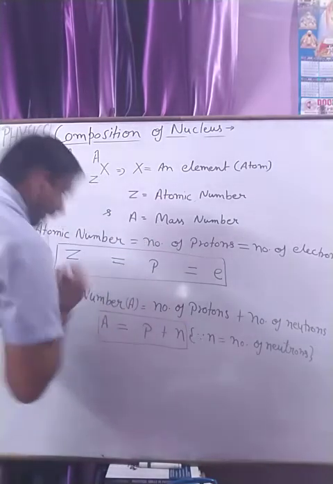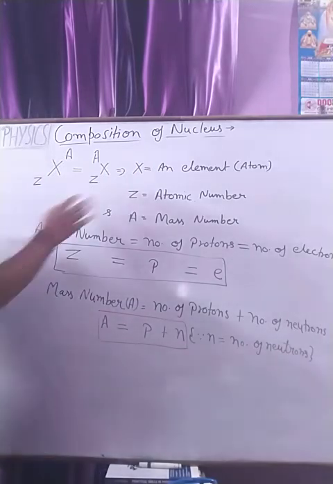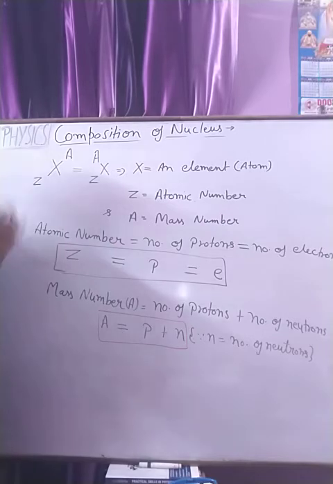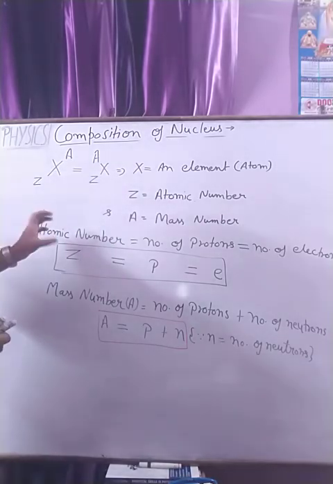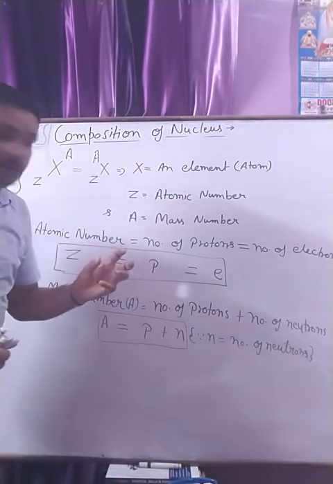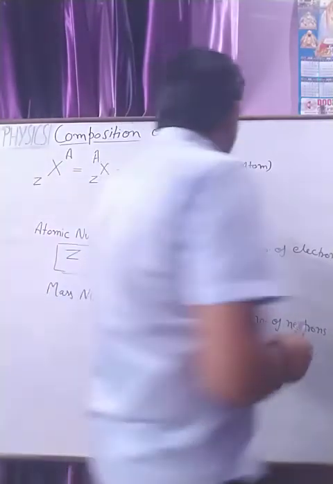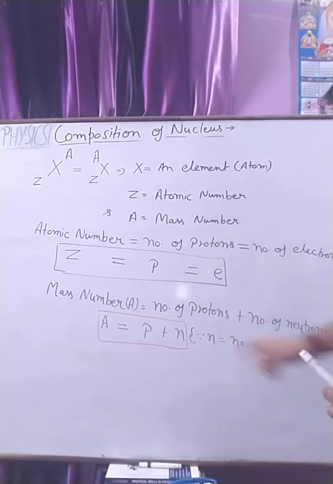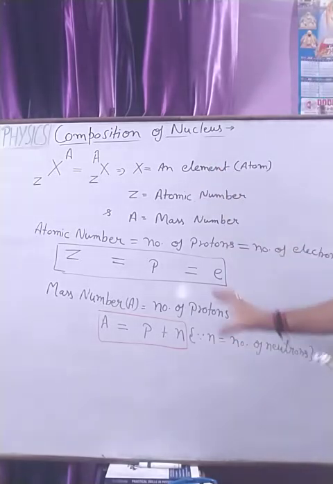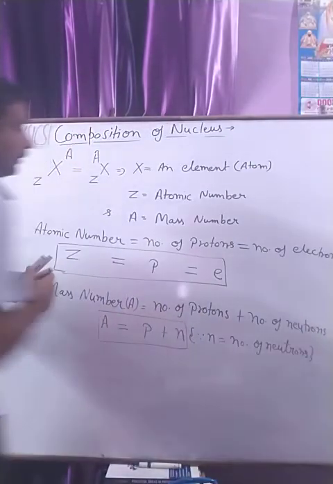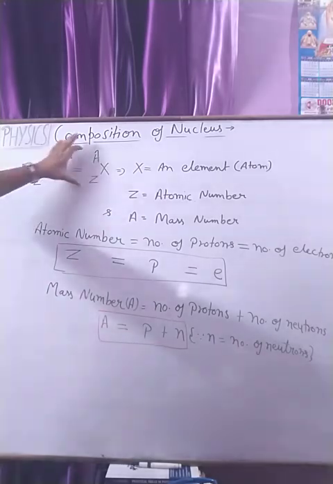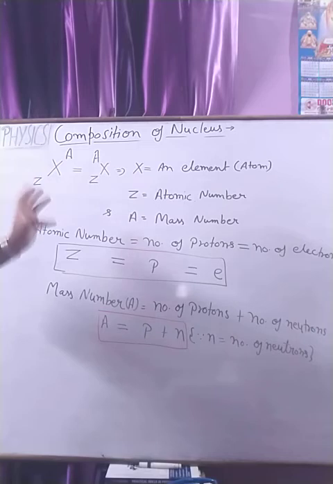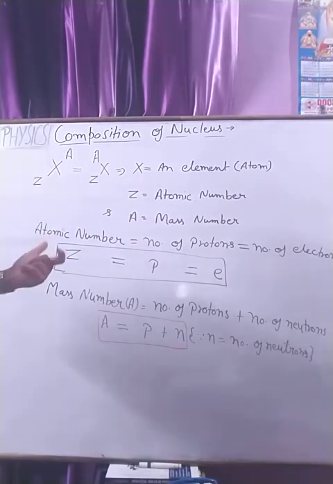Okay, so the symbol of an element, ZXA, gives us the identity or composition of the fundamental particles in the nucleus of an atom. ठीक है, तो अगर हमारे पास एक एलिमेंट का सिंबल मिल जाए तो हम वहां से 3 आइडेंटिटीज समझते हैं और उनको हम कैलकुलेट कर सकते हैं.